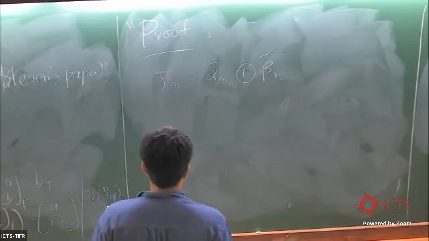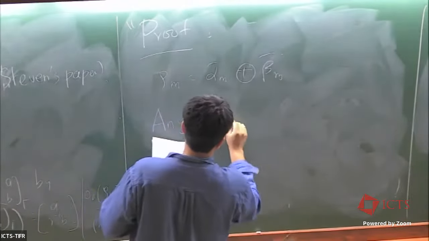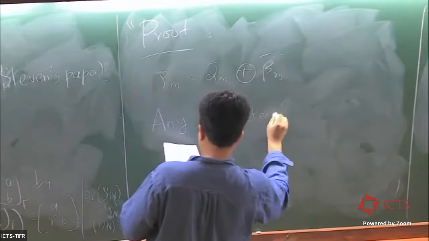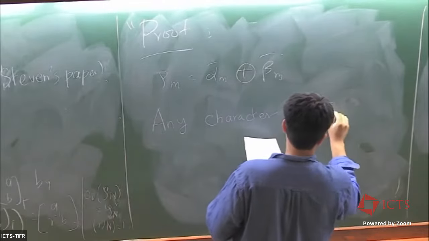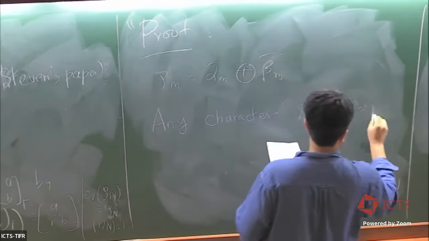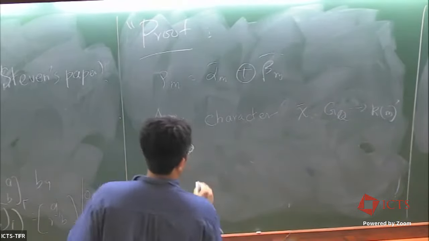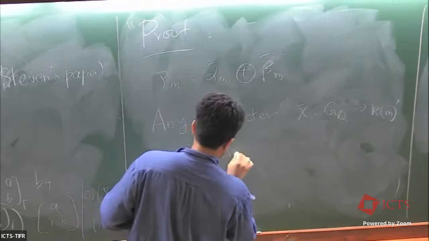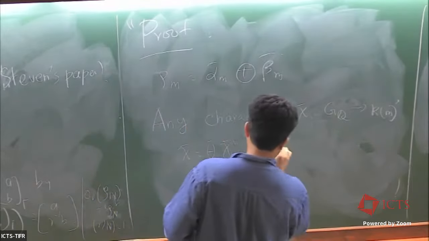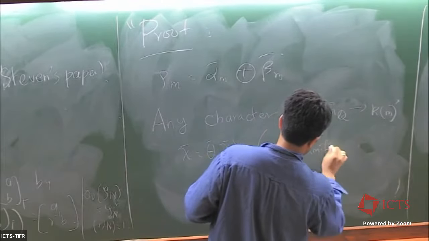So any character I bar from GQ to Km star, we can put this in the form theta bar chi L to the power I, but theta unramified at L.